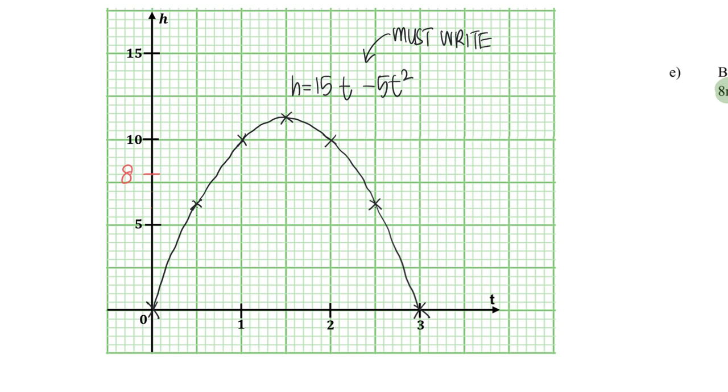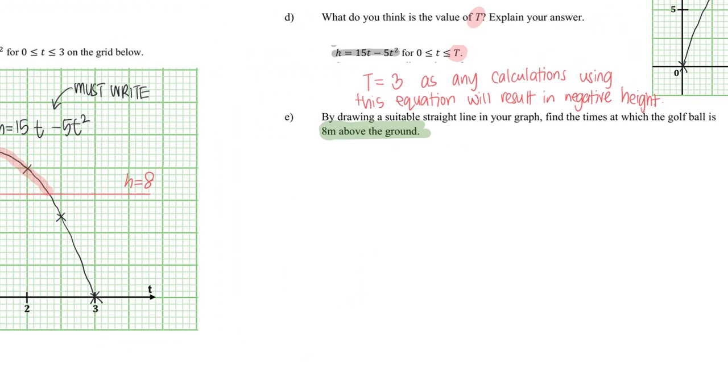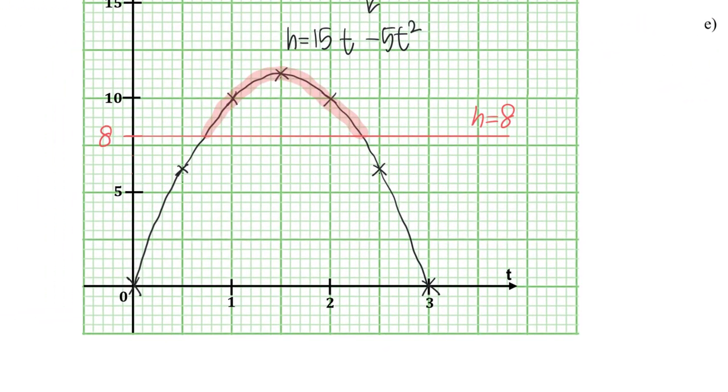And this particular line, if I were to draw it, is h equals 8. Then from here, I could see that this is the part where the golf ball is above 8 meters. And I will then need to find the time.